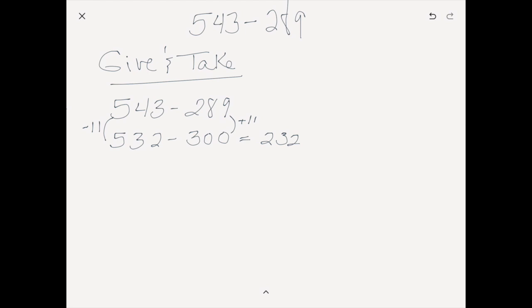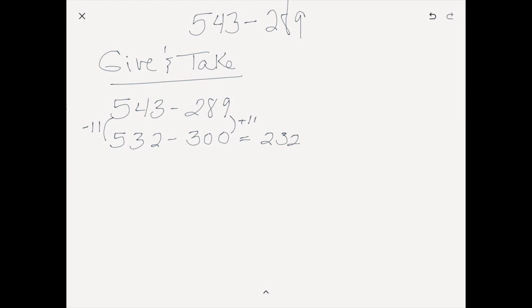So here's the problem. With subtraction, there's two ways to think about subtraction. There's the way that is known as takeaway, where we're viewing the problem as takeaway. 543, and we need to take away 289. That's one way to view it. The other way to view subtraction is actually what the answer to a subtraction problem is called, the difference.